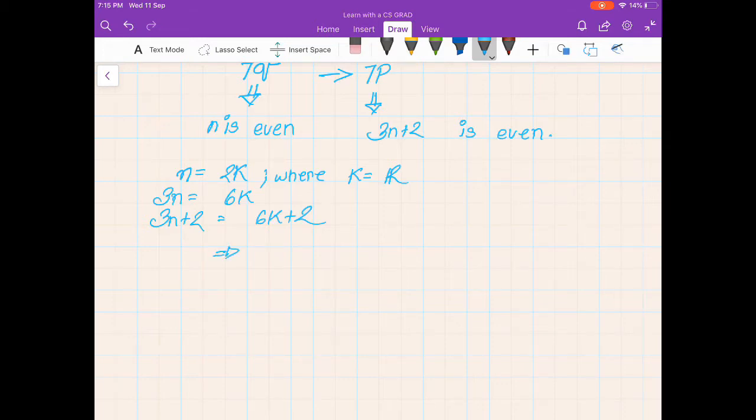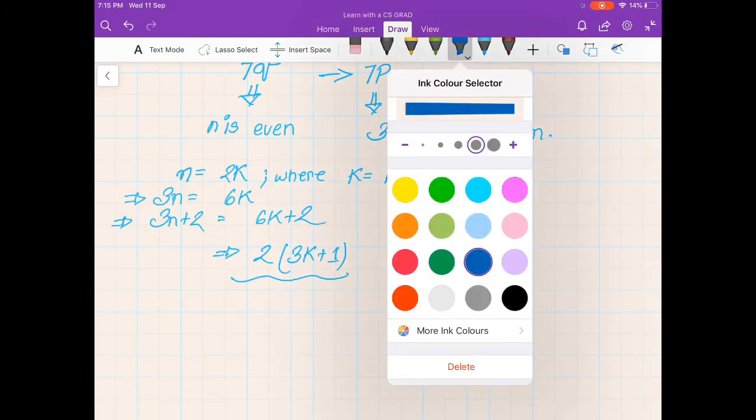Now we can take 2 common, so 2 times (3k plus 1).